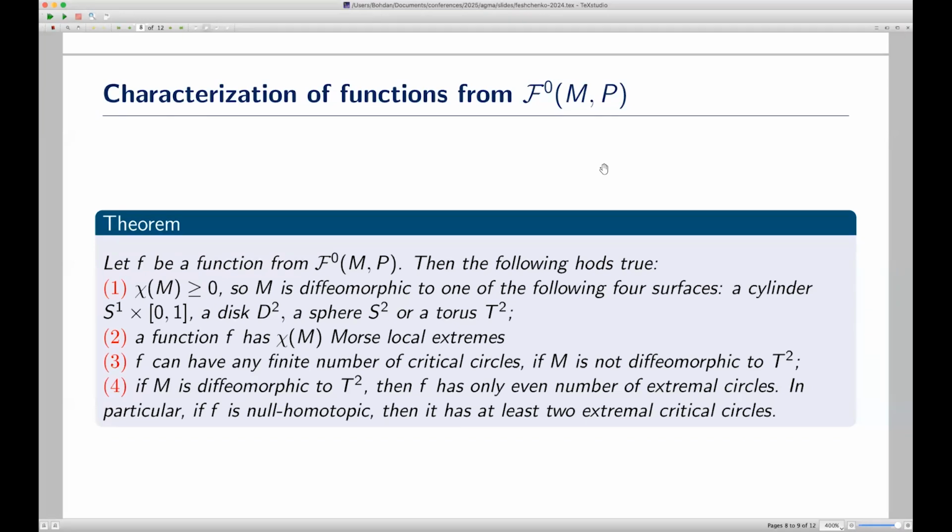In particular, if f is null homotopic, then it has at least two such cycles.